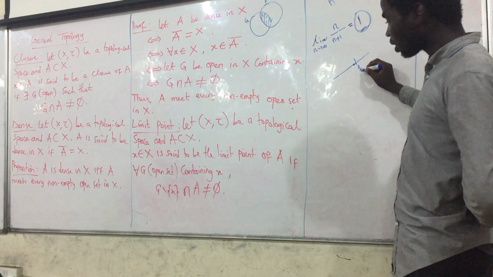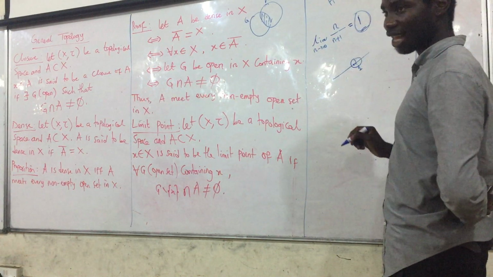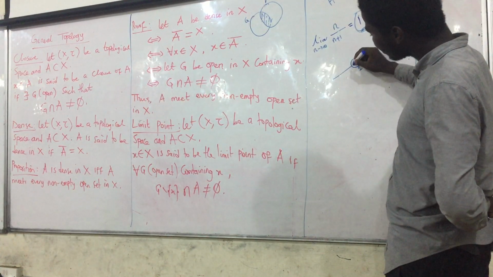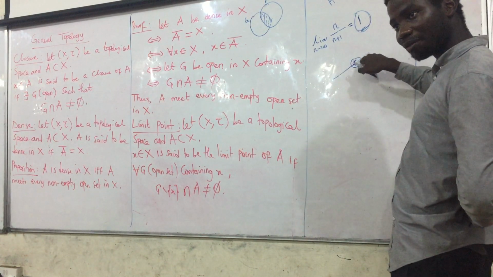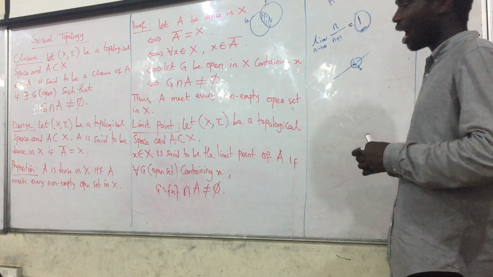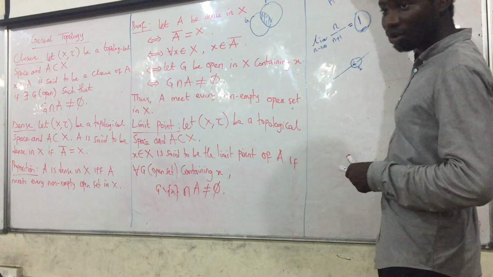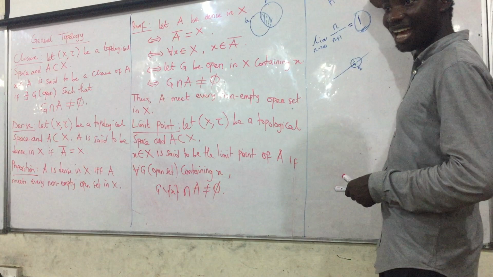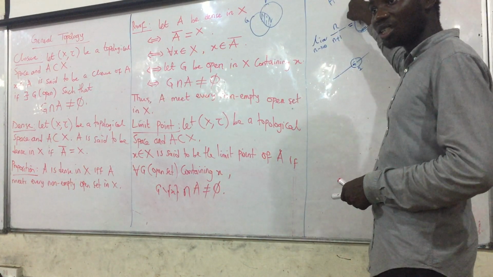1 is the limit point because if you take an open set here and take away 1, there will be all these other points clustered around it. All those are elements of A because it's n over n plus 1. When n is 9, 9 over 10 is 0.9. When n is 999, 999 over 1000 is 0.999.